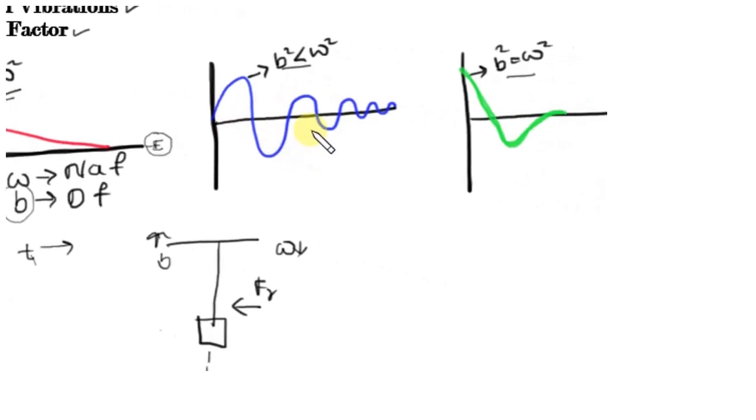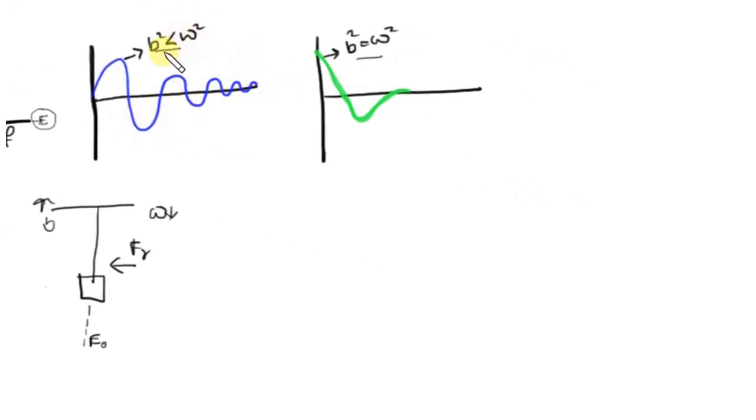Next, in the second oscillation condition, b square, the damping frequency, is smaller than omega square, the natural frequency.